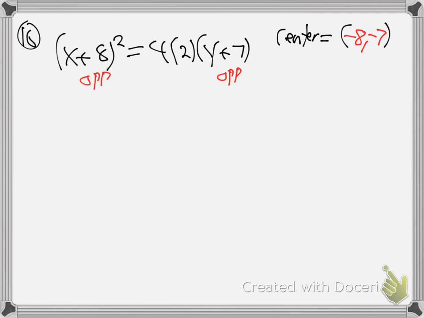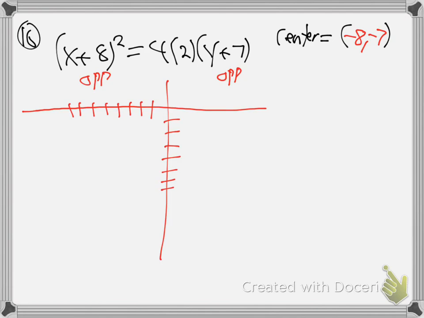Opposite, opposite. So when you go to the graph, it's going to go -8, so 1, 2, 3, 4, 5, 6, 7, 8. Down 7. So there's the center of the parabola. It's right there.